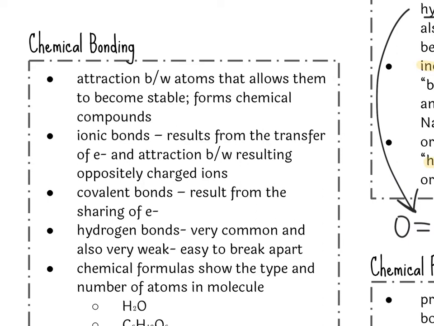But chemical bonds are basically just attraction between atoms that allows them to become stable. And it forms chemical compounds.